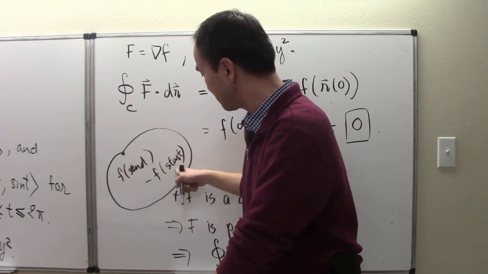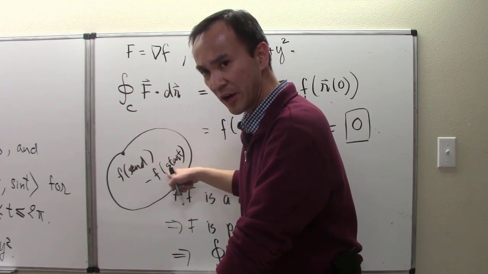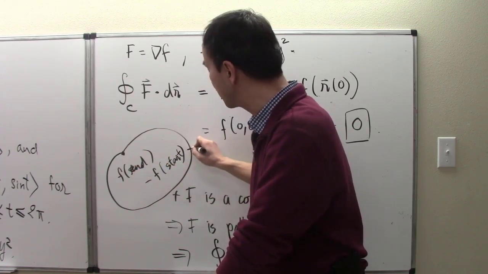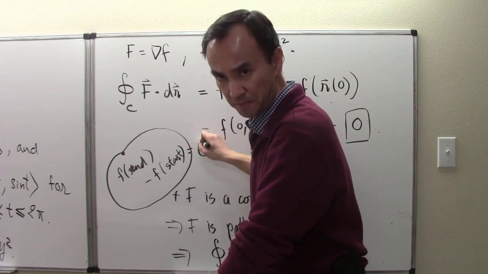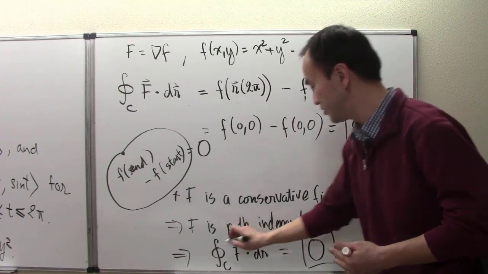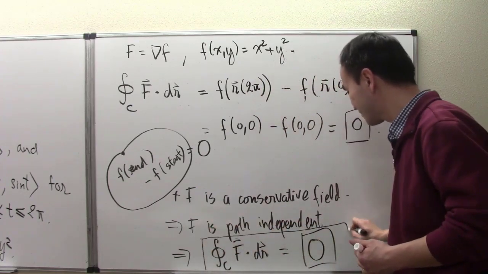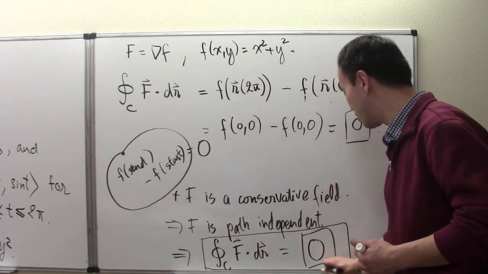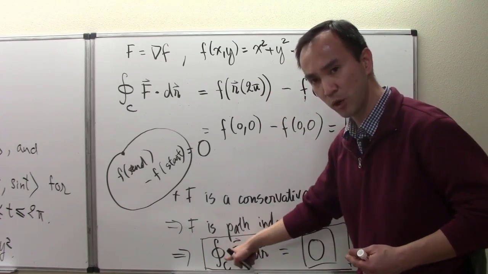And it should be, because it's a function evaluated at the exact same point, it's always going to turn out to be 0. Okay? And so that's what's general about the line integral value along a simple closed curve.